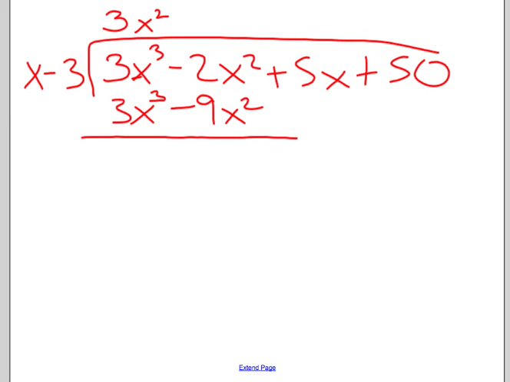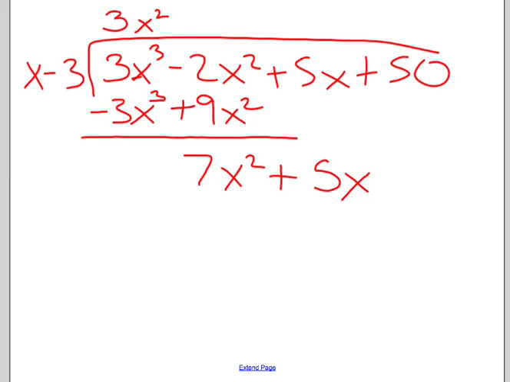Now, in division, at this point we subtract, don't we? But we're going to be subtracting this entire quantity, which means I need to change the sign of both terms. Okay? And then now this goes away, and it gives me 7x squared. And I'm going to bring down the next term.